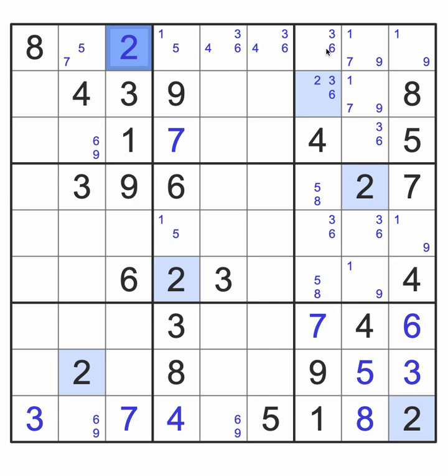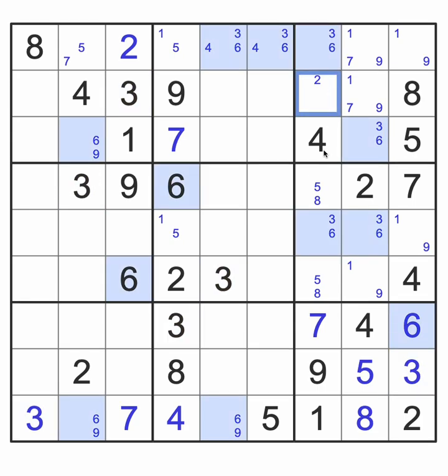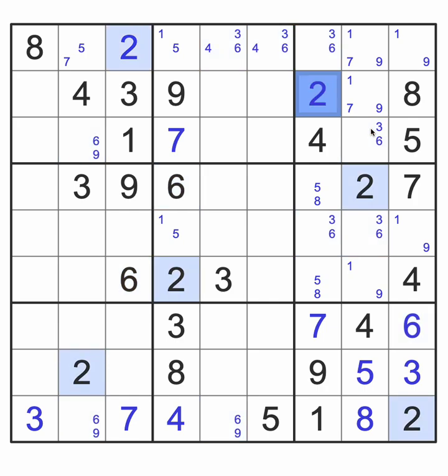And this 2 has made this cell 3, 6. And here's another 3, 6. That means this cell cannot use 3 or 6. Makes this cell 2. Okay.